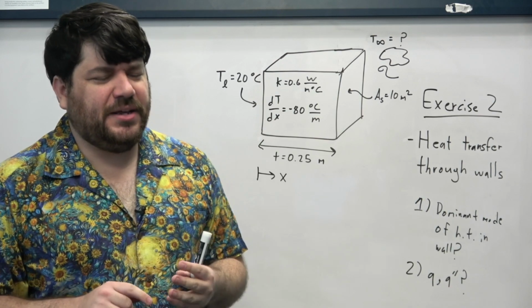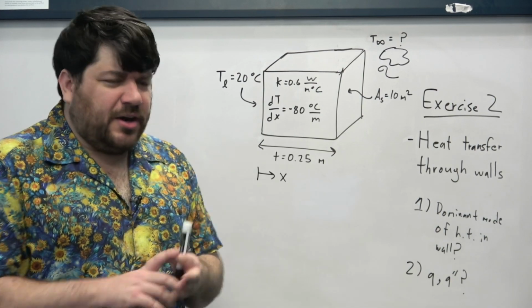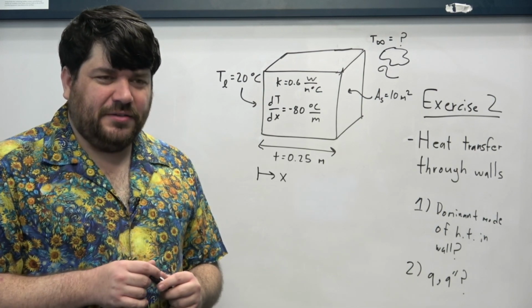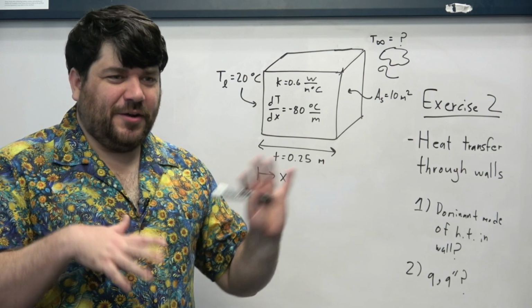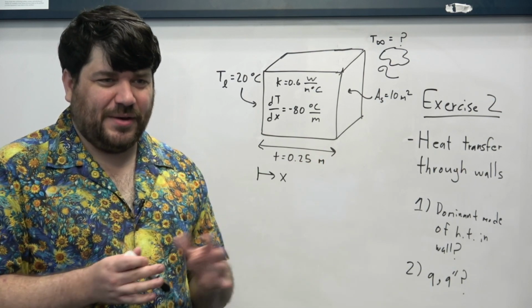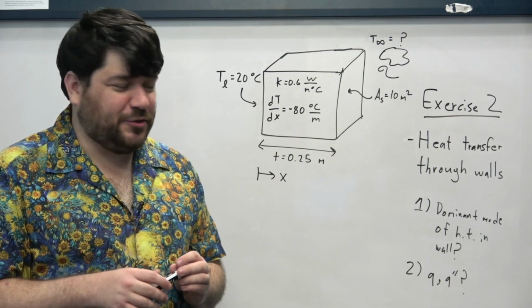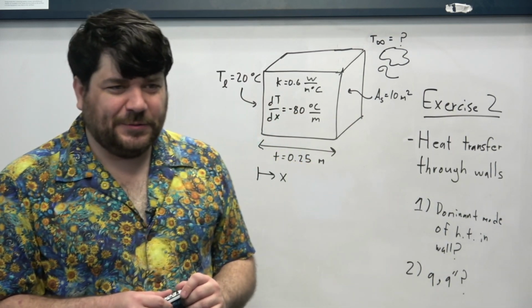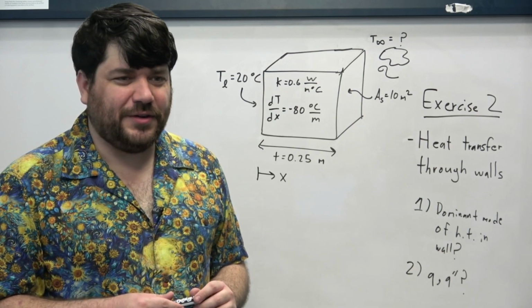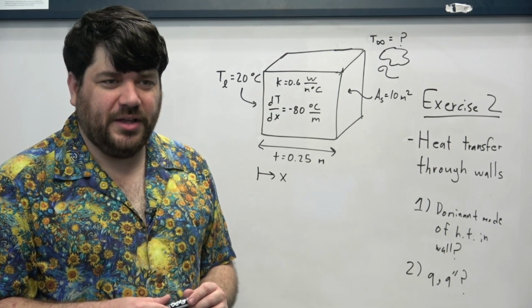Conduction, convection, and radiation, regardless of how primitive our understanding of heat transfer modes is, based off of our Neolithic science program that we described in the first lecture, we can still very clearly say what the dominant mode of heat transfer inside of this wall is.